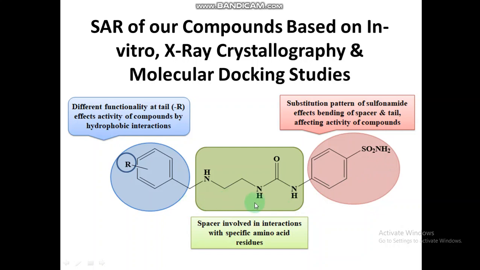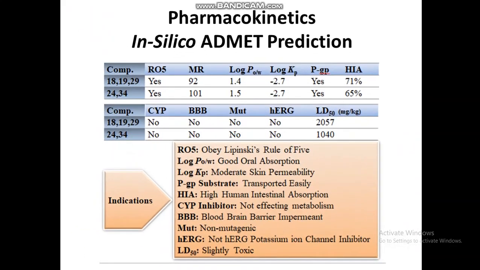Then this is our spacer, which is involved in interaction with specific amino acid residues. And then there is the tail, and different functionality at the tail affects the activity of a compound by hydrophobic interactions. Okay, now this is our pharmacokinetic studies, our in silico ADMET prediction.